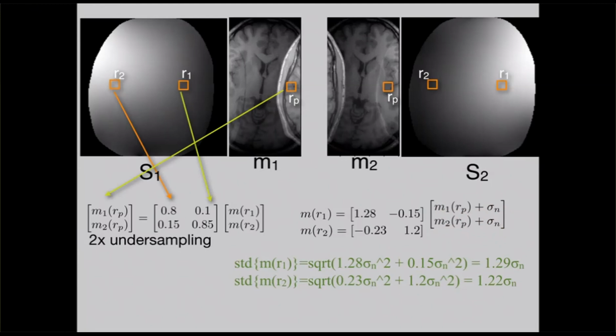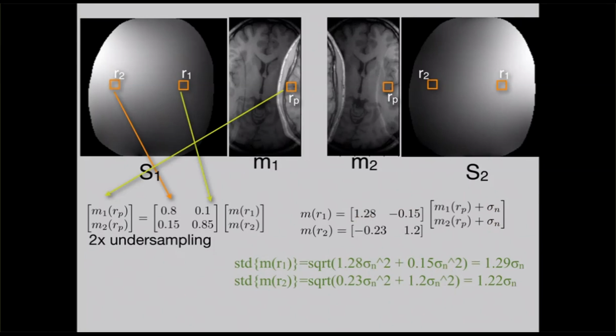All right. So what is then the standard deviation of the estimate of the value at position MR1? Well, it's 1.28 times sigma minus 0.15 times that, right? So variances add, if you remember. So this is the variance, and this is the variance, right?